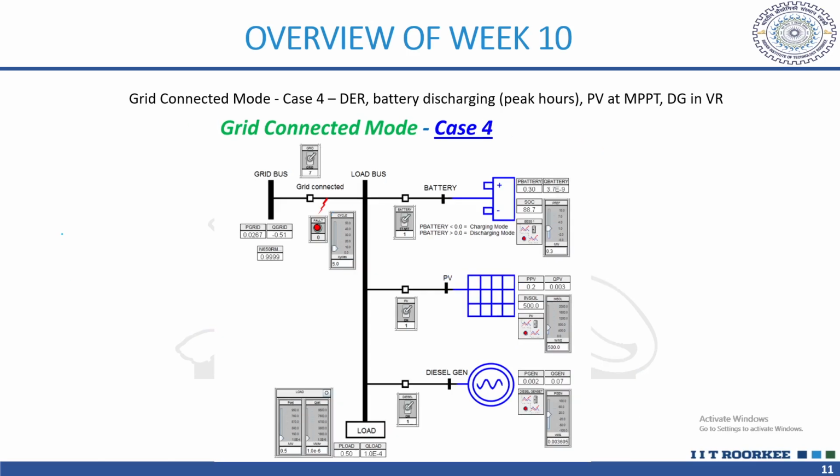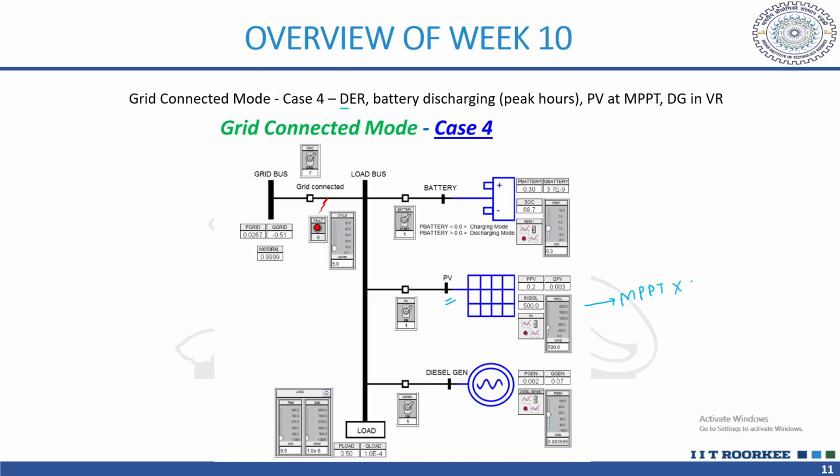Then in case 4, we have the grid connected mode with the DER, in this case PV, but it is now not at MPPT. It is at 0.2, you can see. During these conditions, we utilize the battery, right?